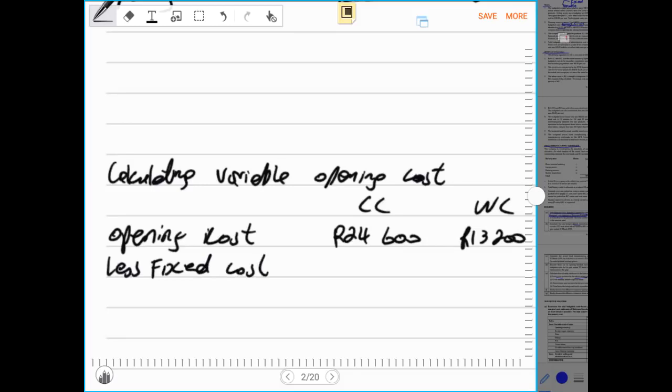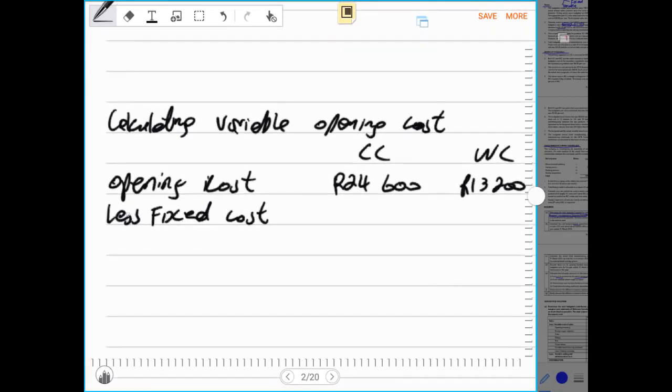because included in this opening there is fixed cost, and my fixed cost is R1.20 times 1,000 units of the opening inventory. And again, another one is R1.20 times the opening of 500 units.